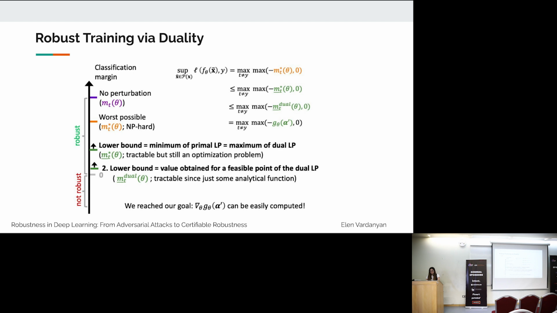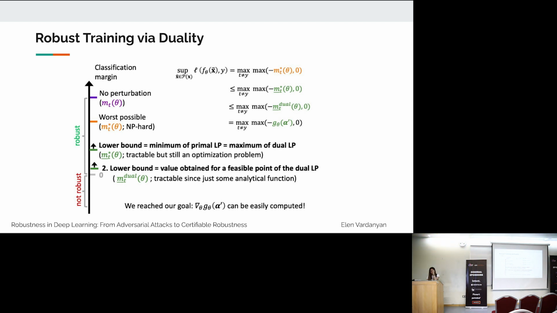Since G, the dual, is an analytic function, and every feasible point will work, we can compute the gradients with respect to the neural network weights theta, and we can perform robust training with this.